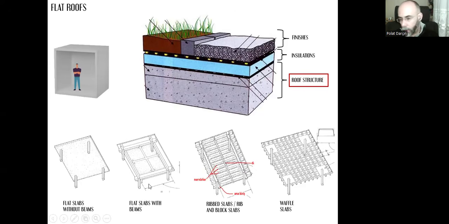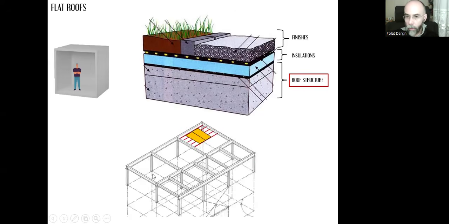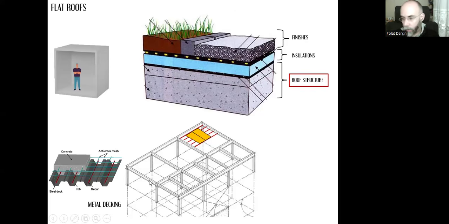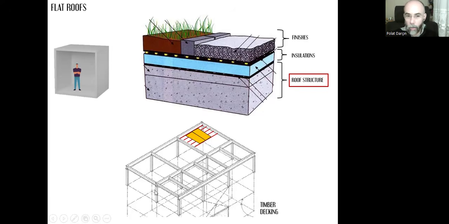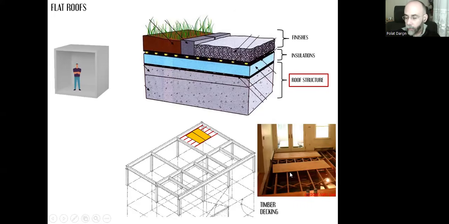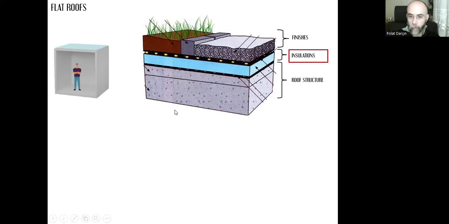These are the alternatives for reinforced concrete, or instead we can prefer metal decking with a steel structure. We can have trapezoidal steel sheets and place concrete over that. Or if we are designing a timber structure, then we can have timber decking, covering the upper surface of these girders and beams with engineered panels.